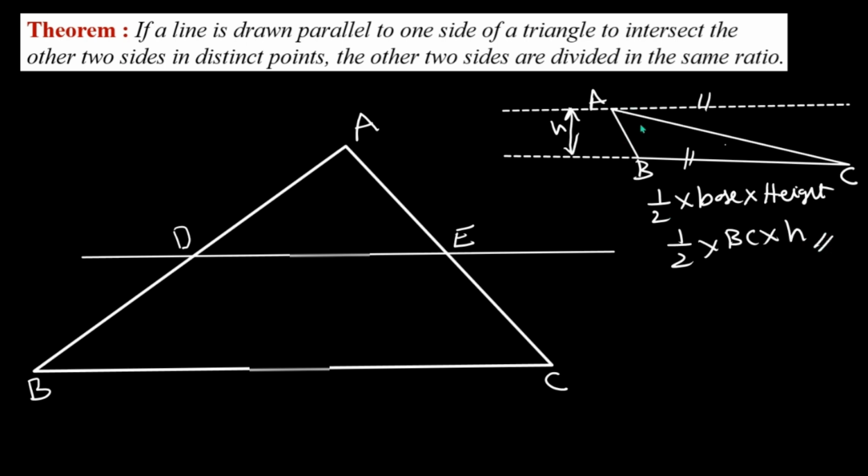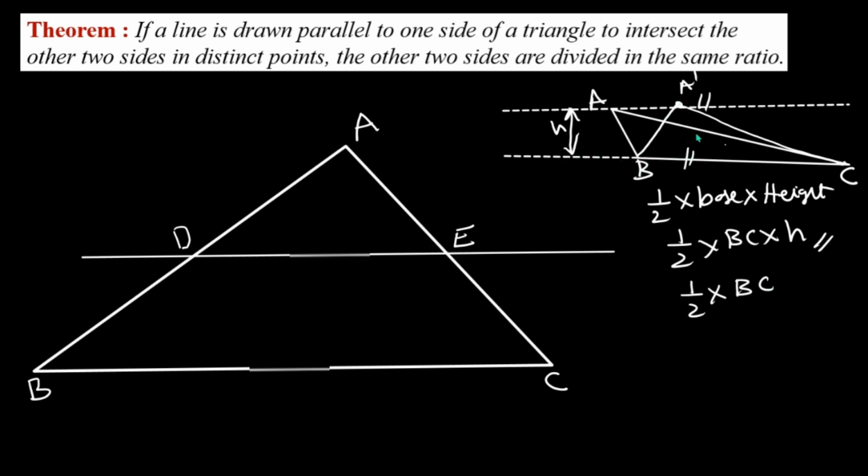Now let's draw other triangles between these 2 parallel lines, keeping BC as the fixed base. For example, I'm drawing another triangle. I'm taking another point on the same parallel line, A dash, and drawing another triangle at the bottom, A dash BC. It also has the same base. What is the height?